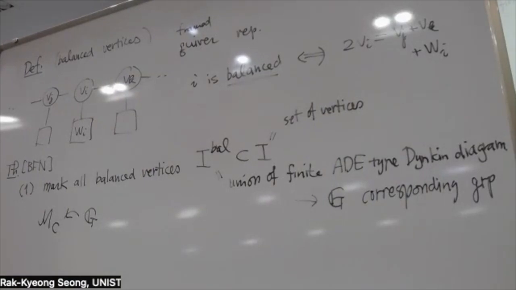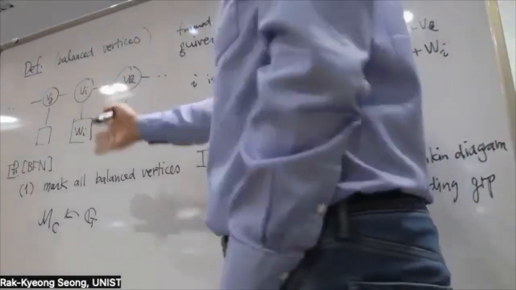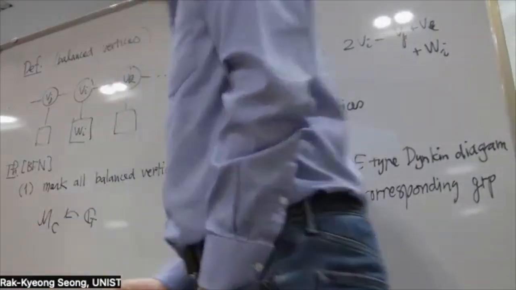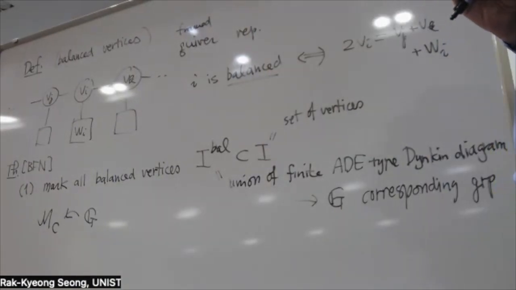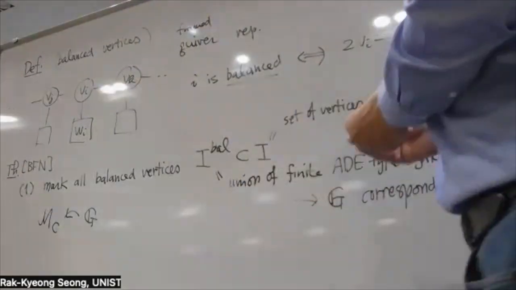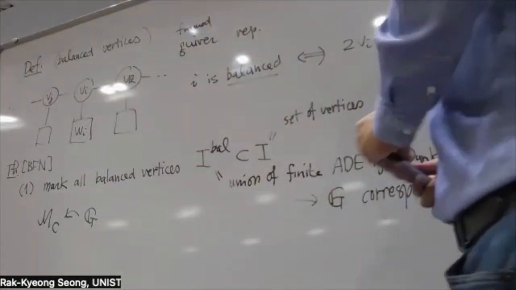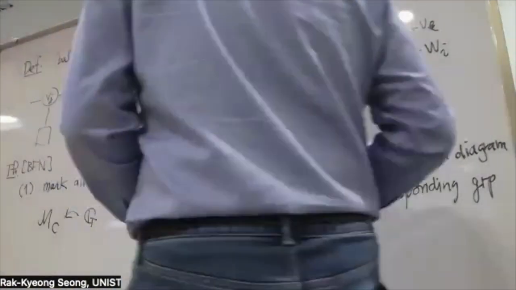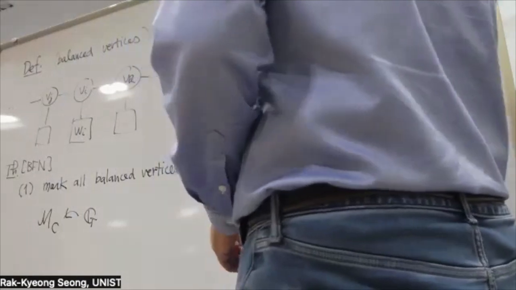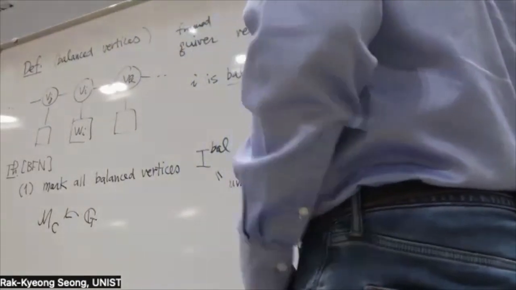Of course, this was known in the physics literature, but somehow we check this property in our mathematical definition. This is the first statement. G is the simply connected group corresponding to this Dynkin diagram.